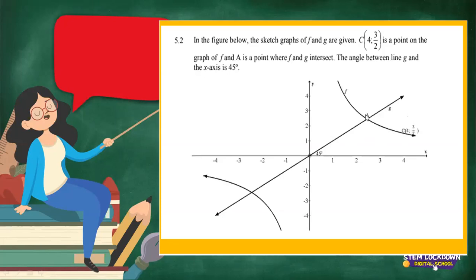Remember, it was y equals mx plus c. M is 1, because tan 45 is 1. So 1 times x is x, and c is 0 because the graph does not intercept the y-axis. So y equals x is the equation for this graph G.